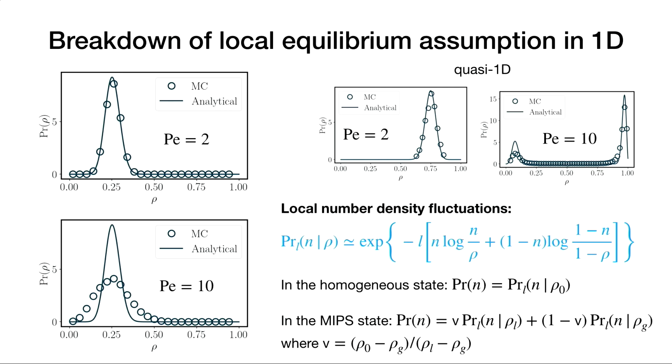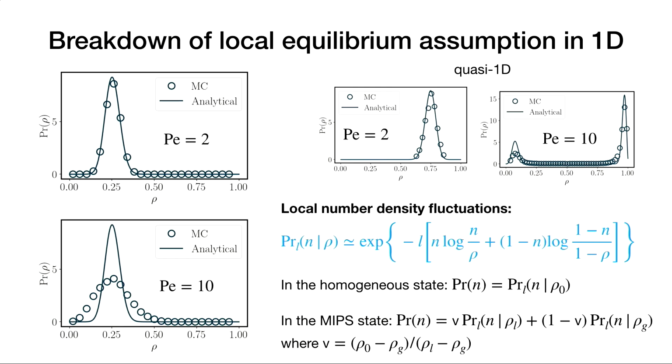At low Peclet number, of course, the hydrodynamics and the microscopic simulation seem to agree, because at low density it's almost like a low Peclet number; you can think of it as almost like equilibrium, because particles just get stuck.